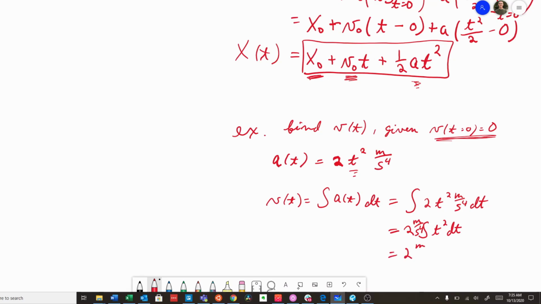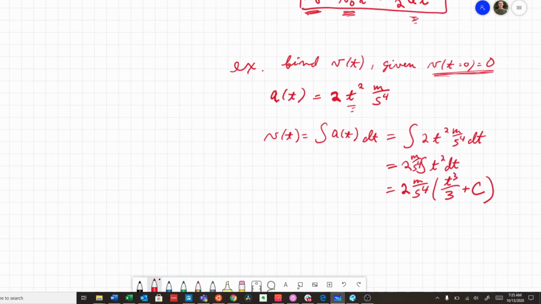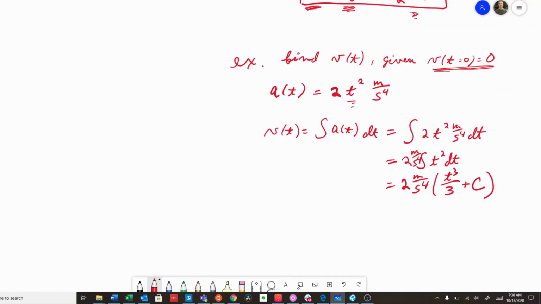It's going to be 2 meters per second to the fourth times the antiderivative of t squared, which will be t to the third over 3. Okay, and this is just going to be an arbitrary constant because I've chosen to do this in terms of an indefinite integral.